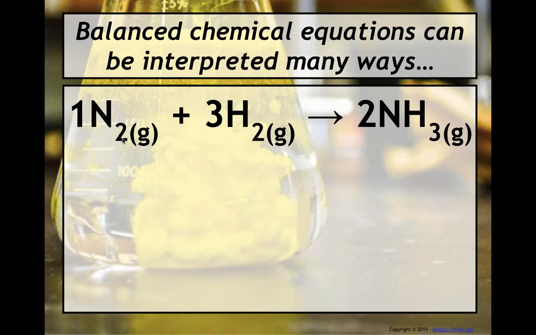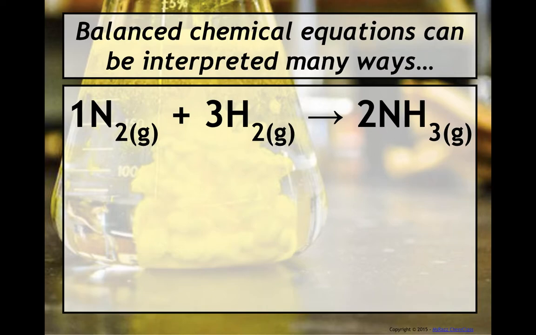It follows the rule of 7, and we're mixing it with some hydrogen gas. If you mix them together, we can make ammonia. I always get ammonium and ammonia confused, but ammonia is NH3.